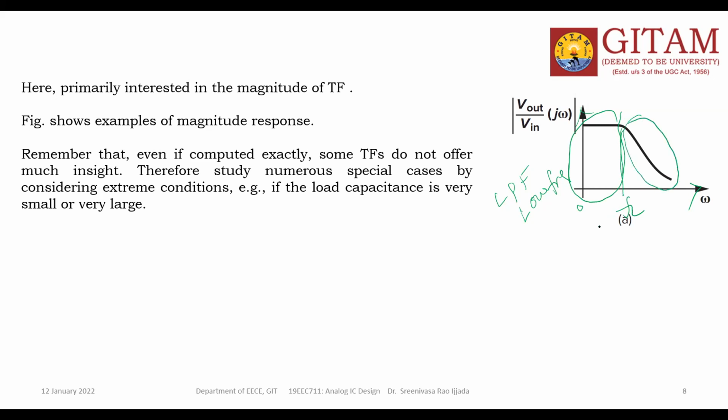As the omega value is small, you get the full gain, a constant gain. Once the omega value crosses the corner frequency, it is decaying. So this response belongs to the low frequency response.